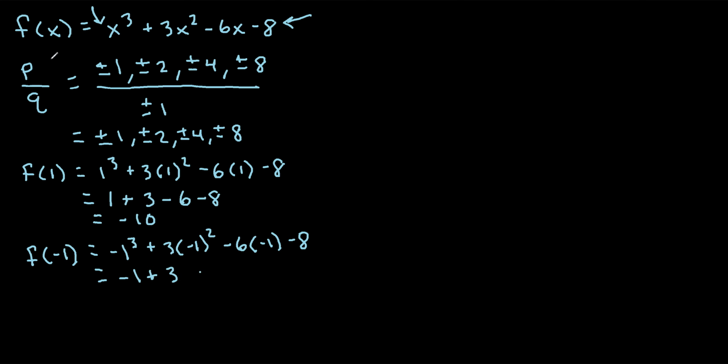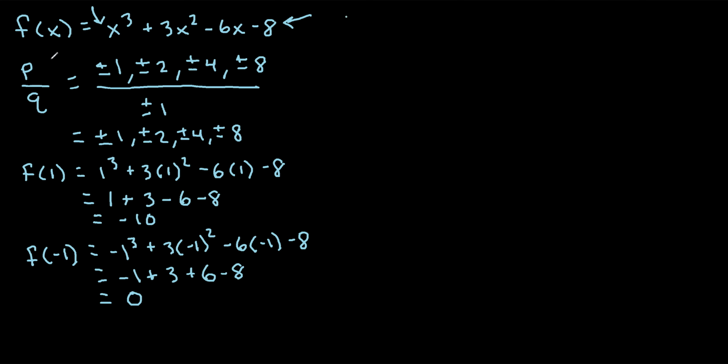Minus 6 times -1, that's plus 6. And then we have minus 8. So that would equal -1 plus 3 is 2, plus 6 is 8, minus 8 is 0. So that does equal 0. That means -1 is going to be one of our zeros of this polynomial function.